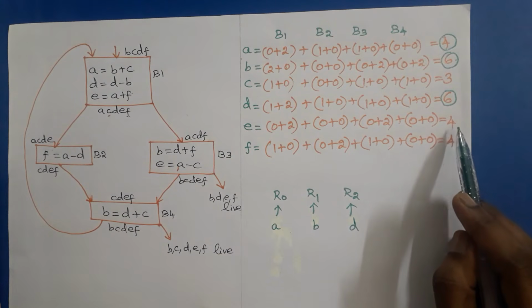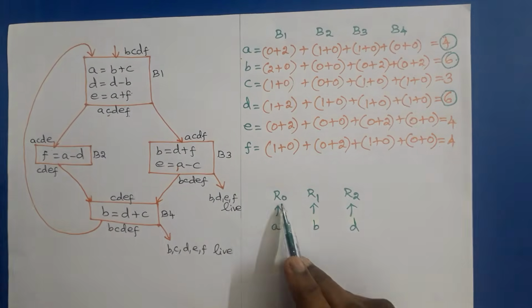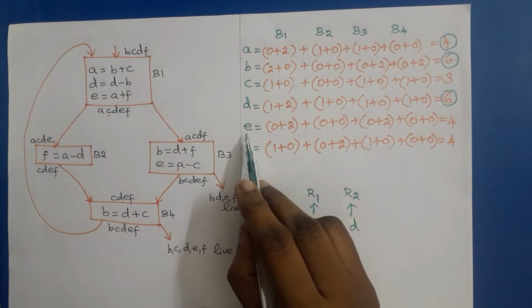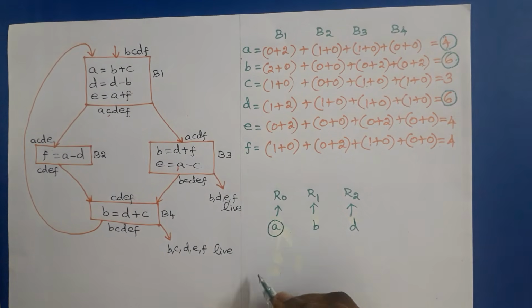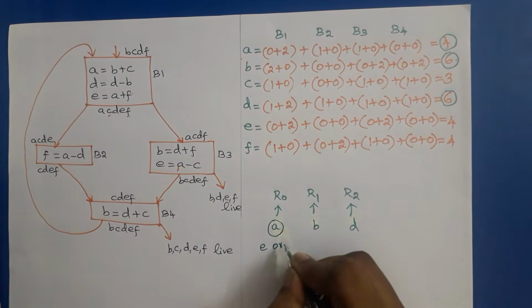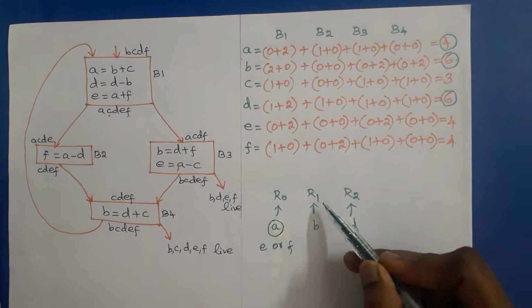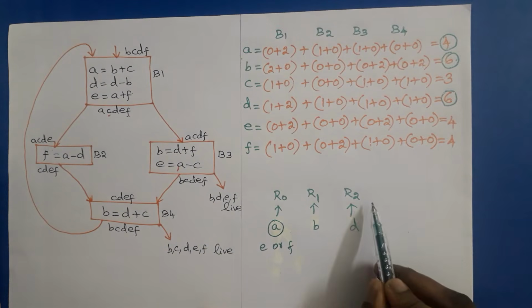We can save the same amount of cost as A. So R0 can also be used for loading E or F. So instead of A, we can also load E or F with the same benefit. So R0 can be used by A or E or F, but R1 should be used by B and R2 should be used by D.